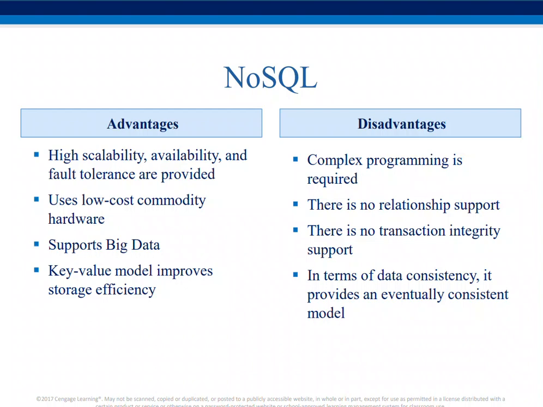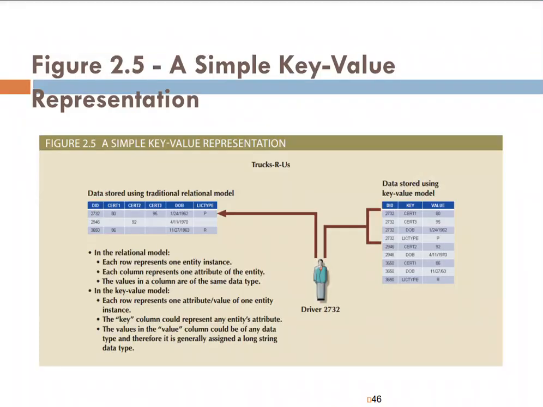Maksudnya tidak perlu, kalau kita bandingkan tadi key value model dengan relational model. Kalau relational model, bila tidak ada value untuk satu-satu attribute tu, cell tu akan kosong. But when you use key value model, every cell will be occupied.